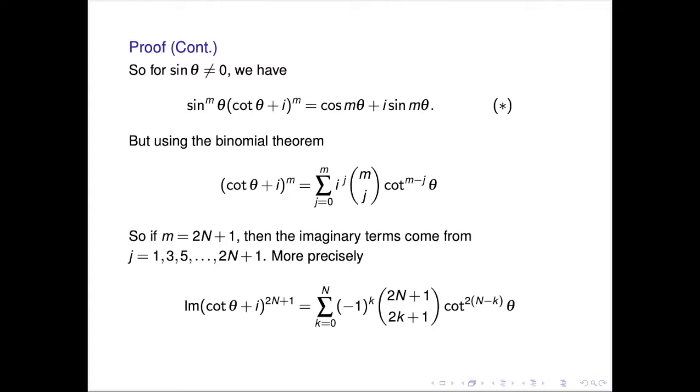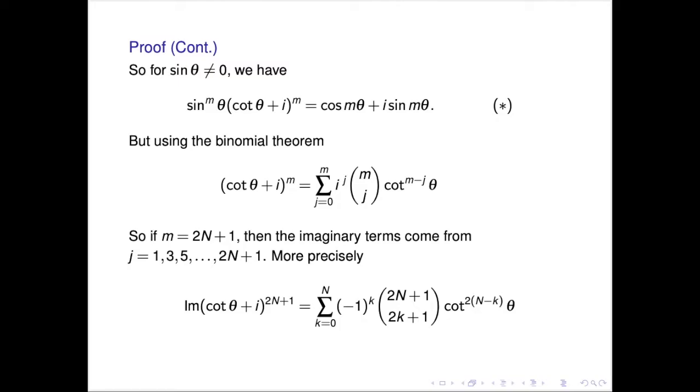So more precisely, the imaginary part of cotangent theta plus i raised to the power 2N plus 1 equals the sum as k goes from 0 to capital N of minus 1 to the power k times 2N plus 1 choose 2k plus 1 times cotangent of theta raised to the power 2 times N minus k. So here the index j, since it is odd, is relabeled with the index 2k plus 1 as k goes from 0 to N, and i raised to the power 2k plus 1 equals minus 1 to the power k times i.